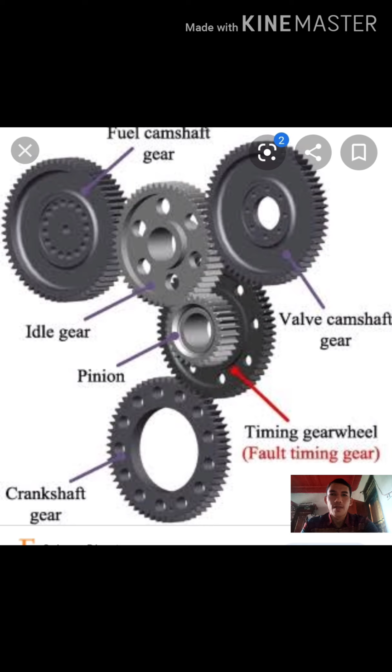Number 7. Timing gear. The function of the timing gear can be interpreted as a connecting gear to transfer the crankshaft rotation to engine equipment that requires torque.